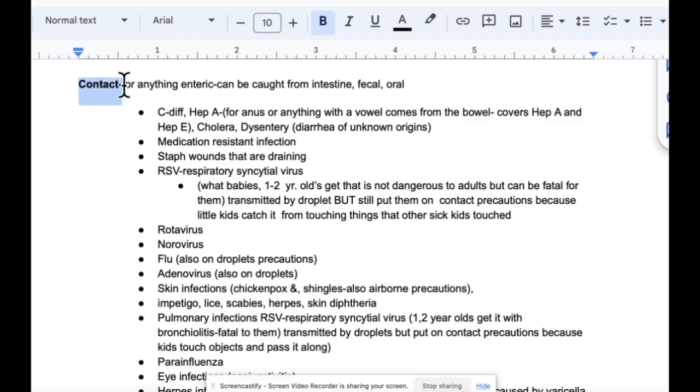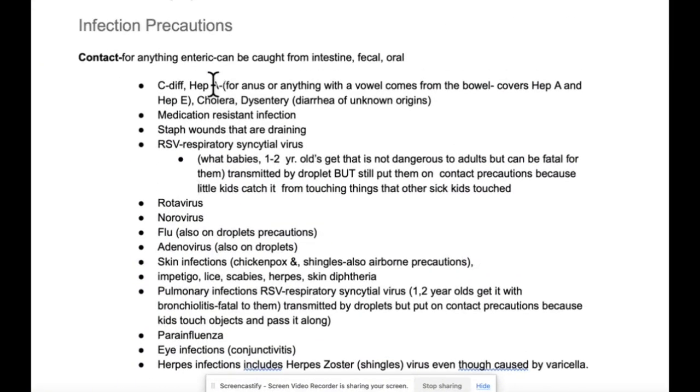So, from the mouth to anus, we're considering those diseases that can be caught from those areas to be contact diseases. Okay. So, what might they include? C. diff, okay, is in there for sure. Big time contact disease. I often think of C. diff first when I think of diseases that require, or conditions that require contact precautions.